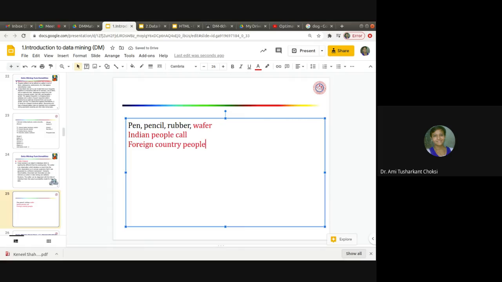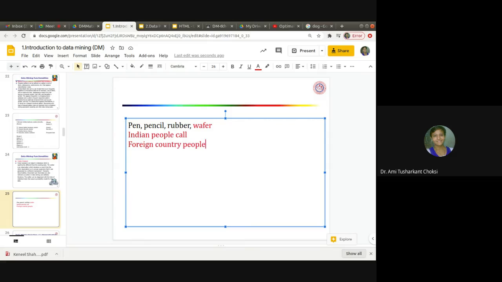This is an outlier, right? So telephone companies will think that till now this person had a history of calling only Indian people. Now suddenly this person has started calling foreign people. So something is different, right?